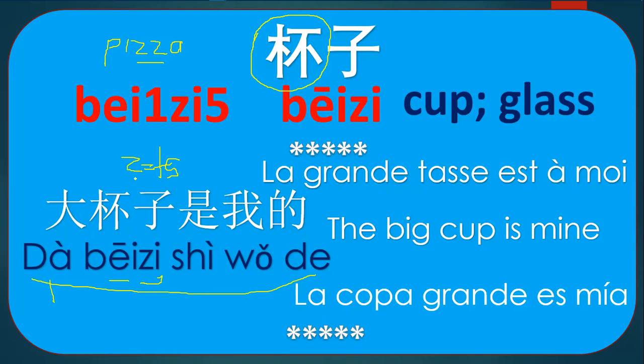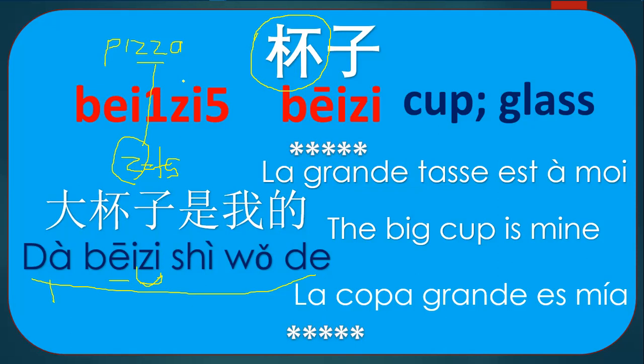So that's the same here. This Z here you see in Chinese, whenever you see Z, remember it's pizza. That sound there is the same sound we want on this one. So it's 杯子.